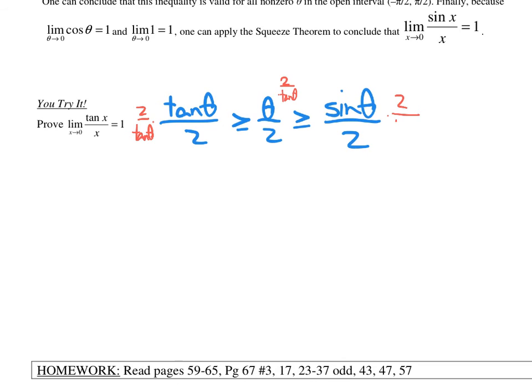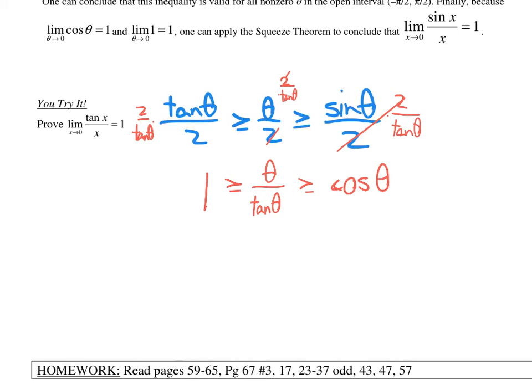Okay, so the left side here is 1. And then the 2's cancel out, so we've got theta over tangent theta. And then here the 2's cancel out. You have sine over tangent. What's that going to come out to? Cosine. So that's going to be cosine of theta.